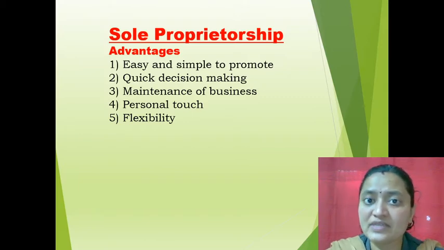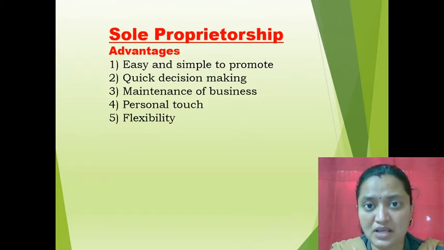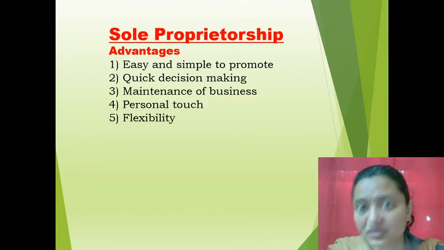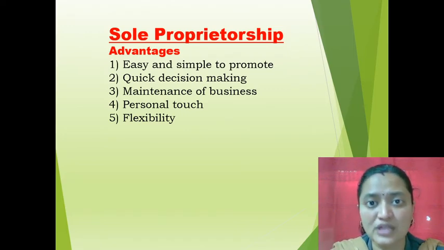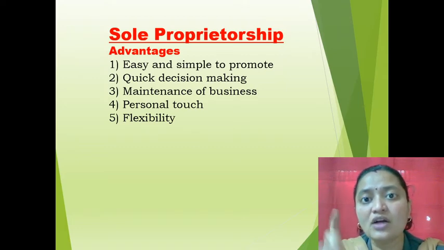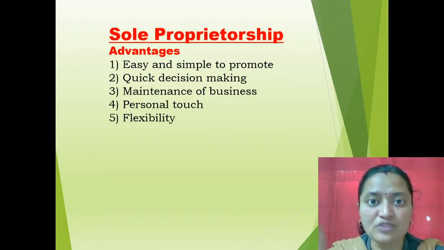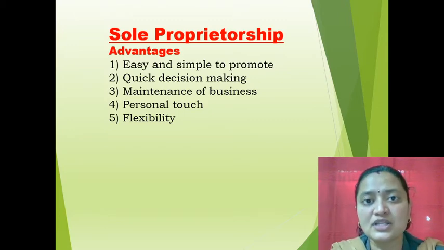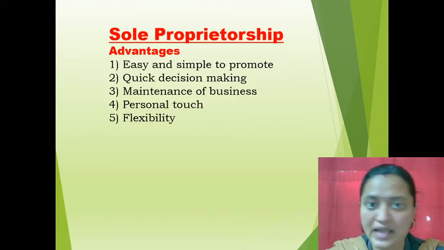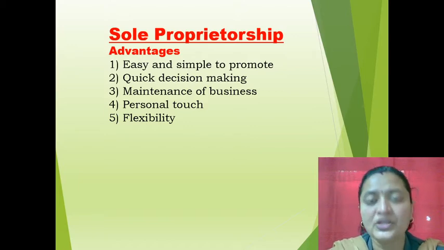Then the next one is quick decision making. What do you mean by decision making? Normally in an organization, if the top management wants to take any decision, they will take the ideas and opinions of each and every worker working in that industry. Suppose there are 50 workers in that organization. Taking the opinion of each and every worker will take more time.